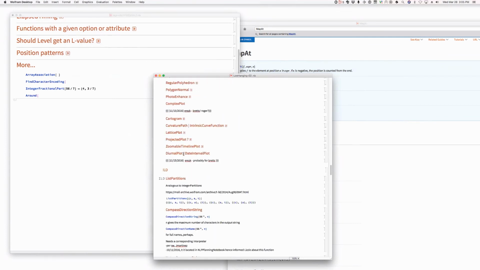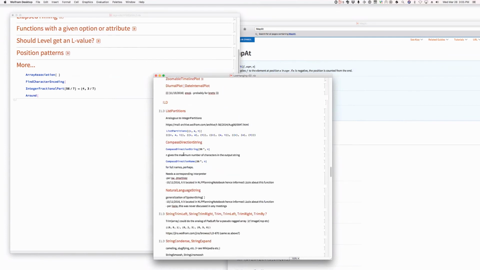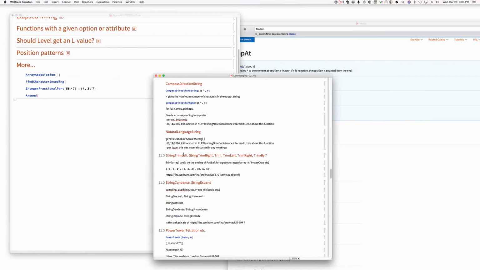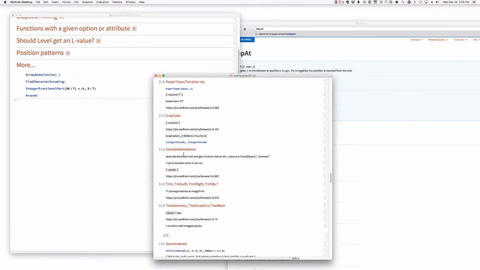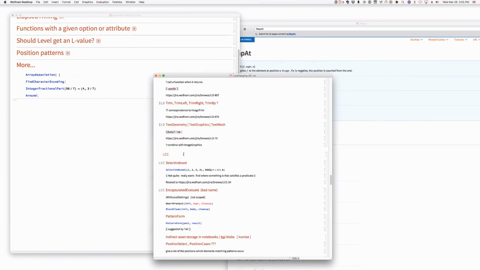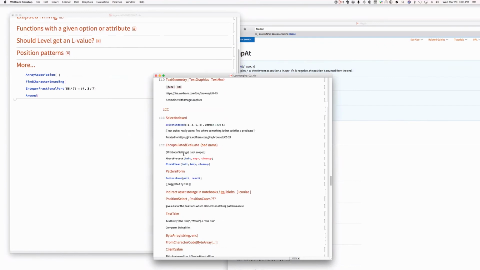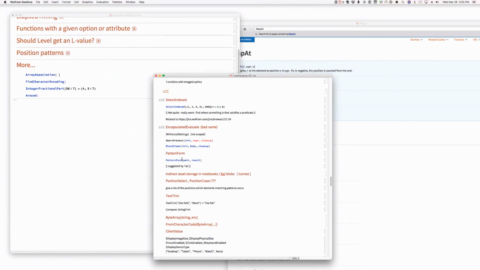Okay. I think there's a lot of stuff here that may have gotten dropped. Whatever happened to text trim? That seemed like a useful function.